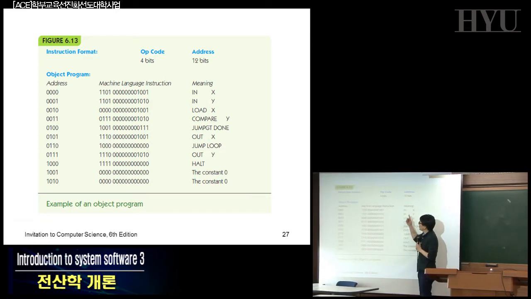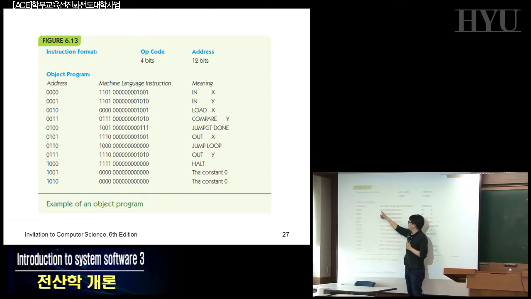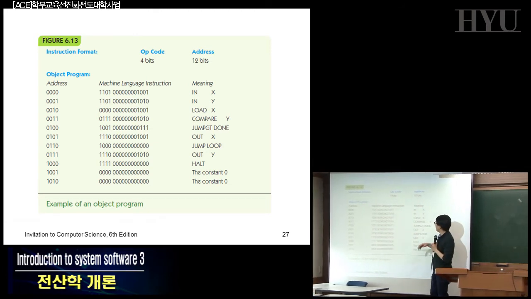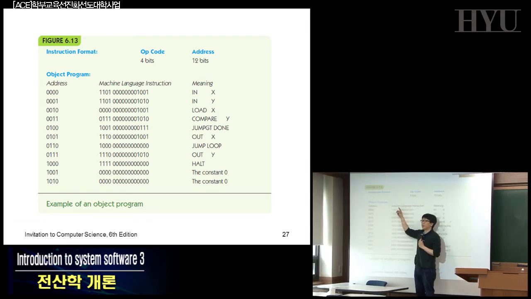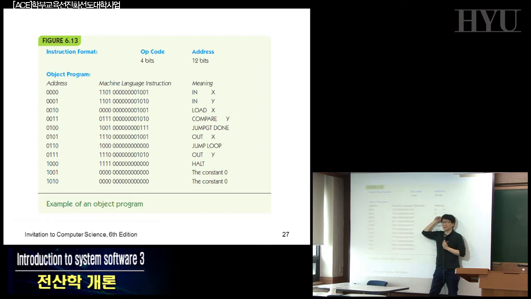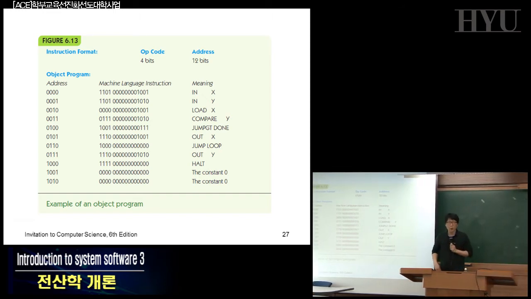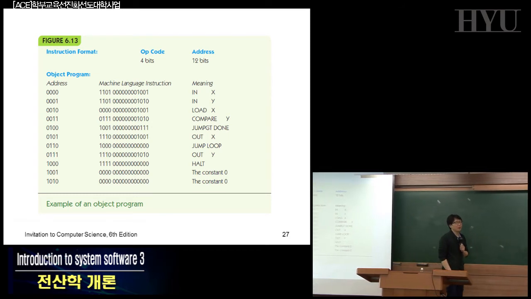Instruction format: opcode 4 bits, address 12 bits. So this may be referring to the same thing as store in X. 4 bits for the operation, and this part for where X is located. So this simply translates into binary code. If you have a 4-bit opcode, I guess you're using a 4-bit CPU.